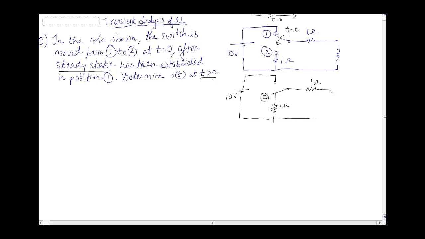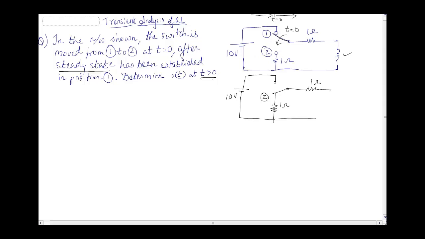Now before t is equal to 0, was the inductor in the circuit charged? Yes, it is charged. Why? Because before t is equal to 0, the switch was at position 1.